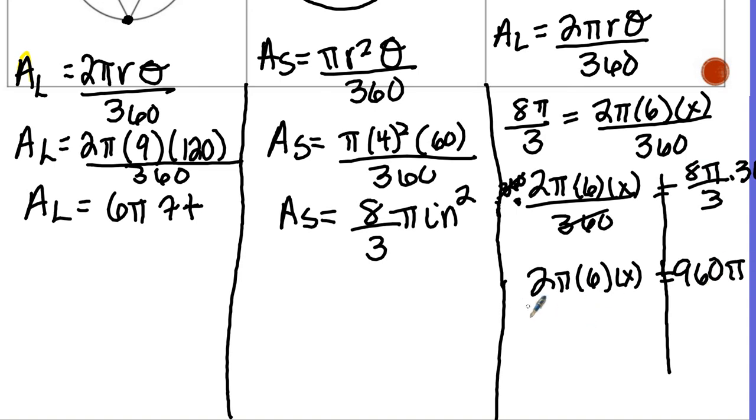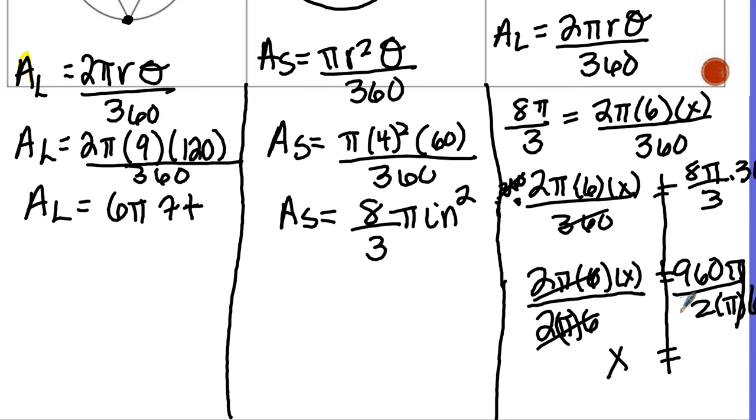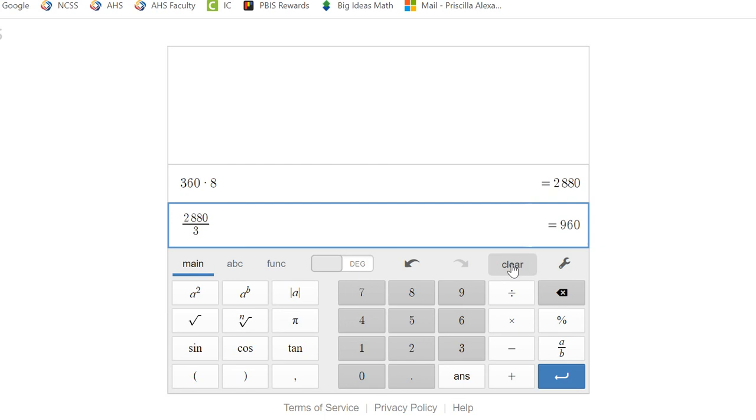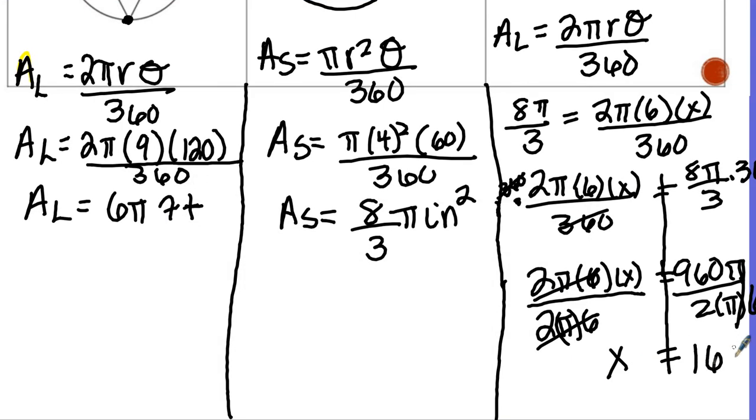Over here is multiplication, and I only want x, so to undo multiplication, we're just going to divide everything by what we don't want. So the pi's go away on this side, and we have x equals 960 divided by 6, and that is 160.